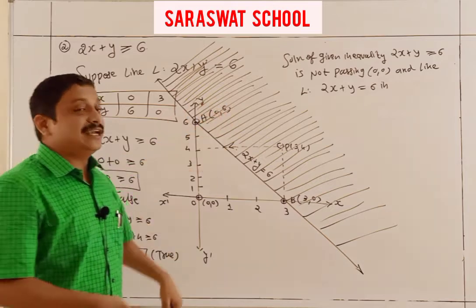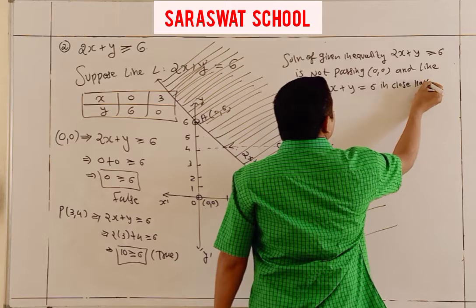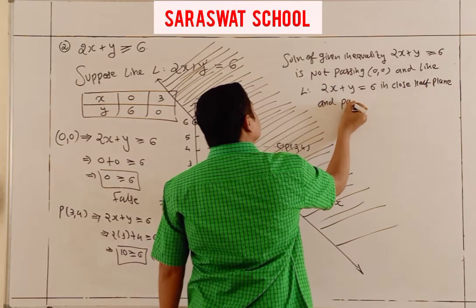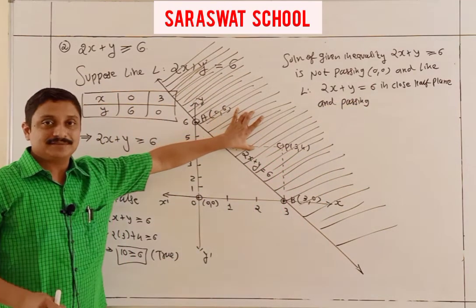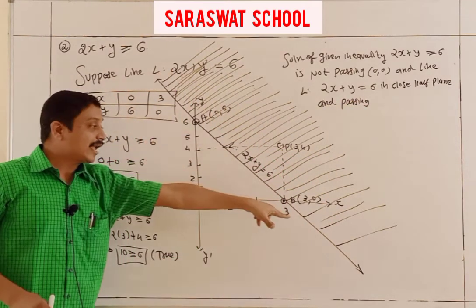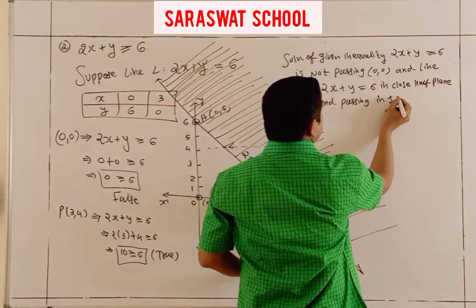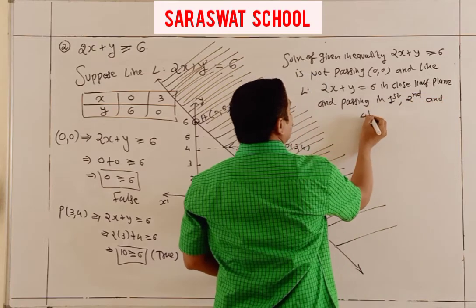So write it down as a closed half plane, and passing through which quadrants? First, second, and fourth. Yes, passing through the first, second, and fourth quadrants.